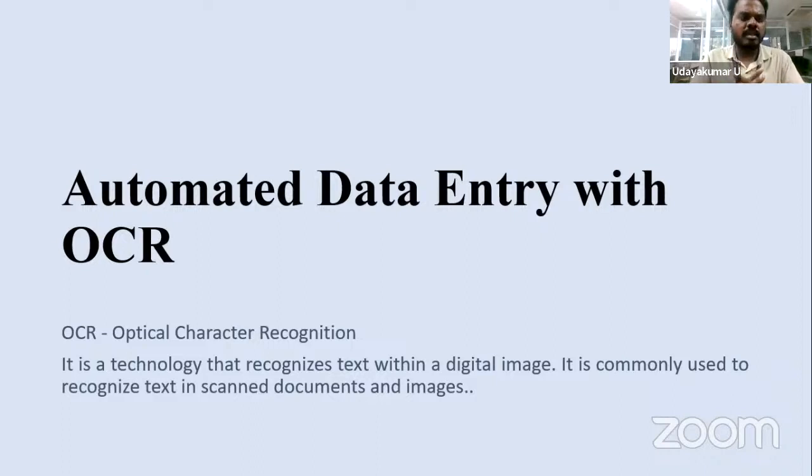OCR is an abbreviation of optical character recognition, a technology used to recognize the text in an image. The entire text is in image format, and we need to recognize the text from the image. For that, we are going to use this OCR concept.